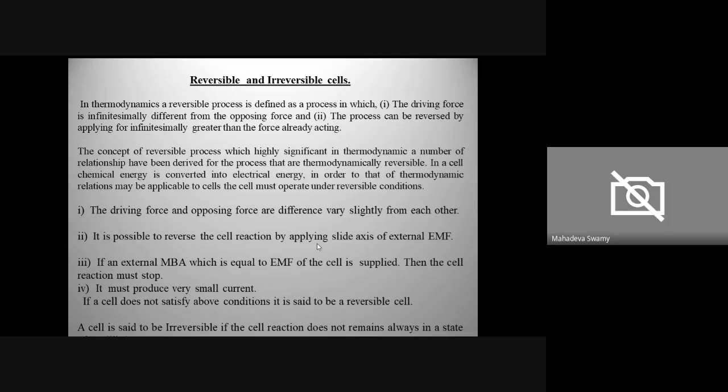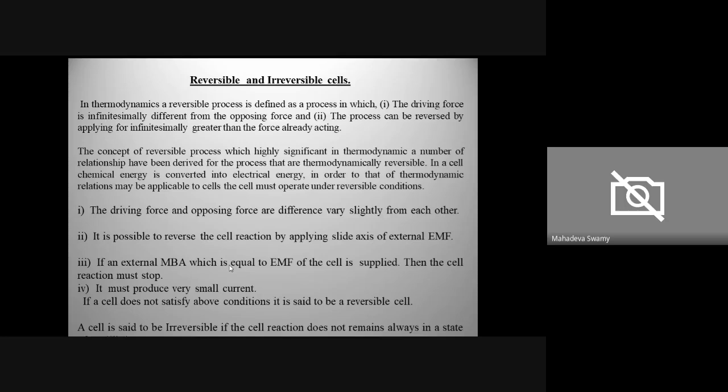This is the meaning of the second condition: by applying a slight excess of external EMF, we get the reverse cell reaction.